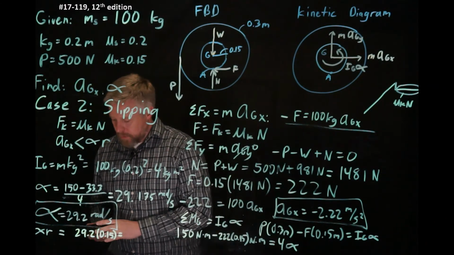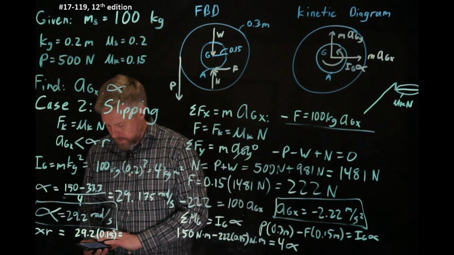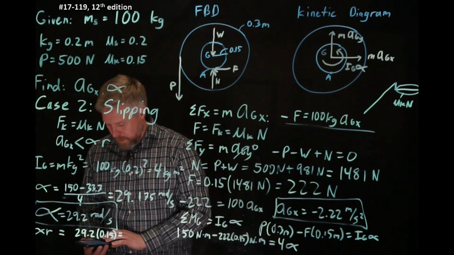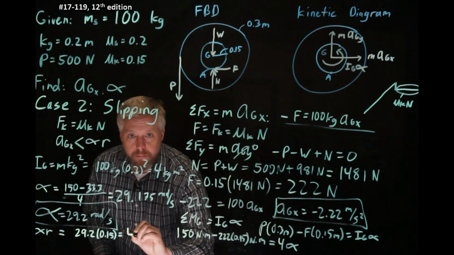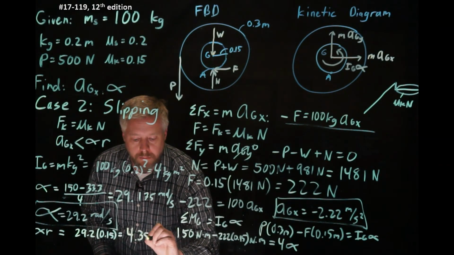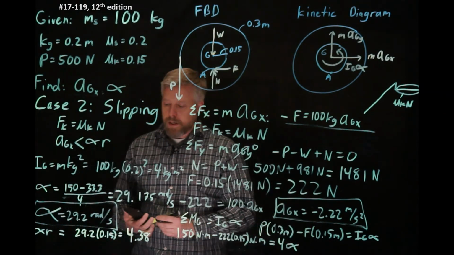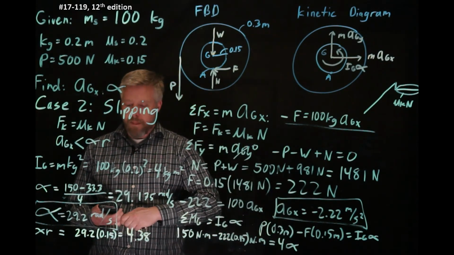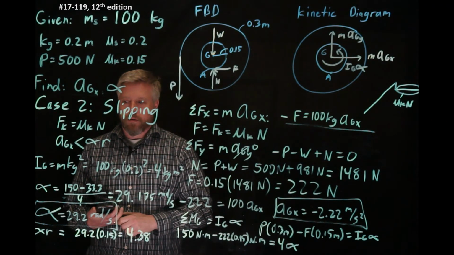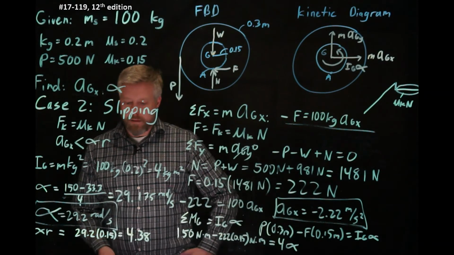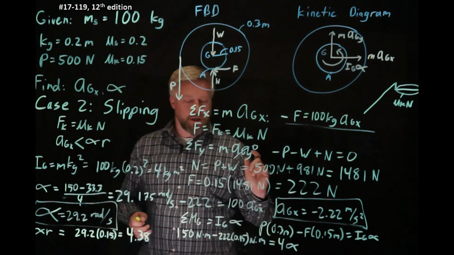So 29.2 times 0.15, we get 4.38. Alpha is positive, AGX is negative.